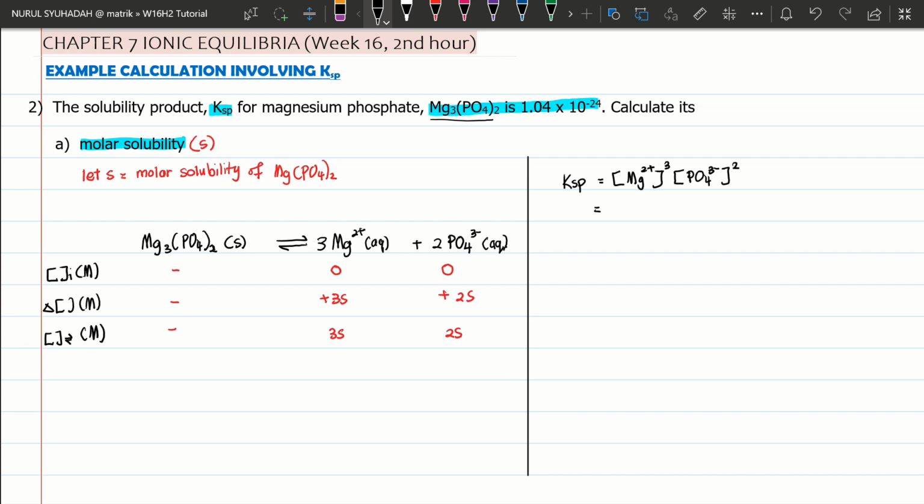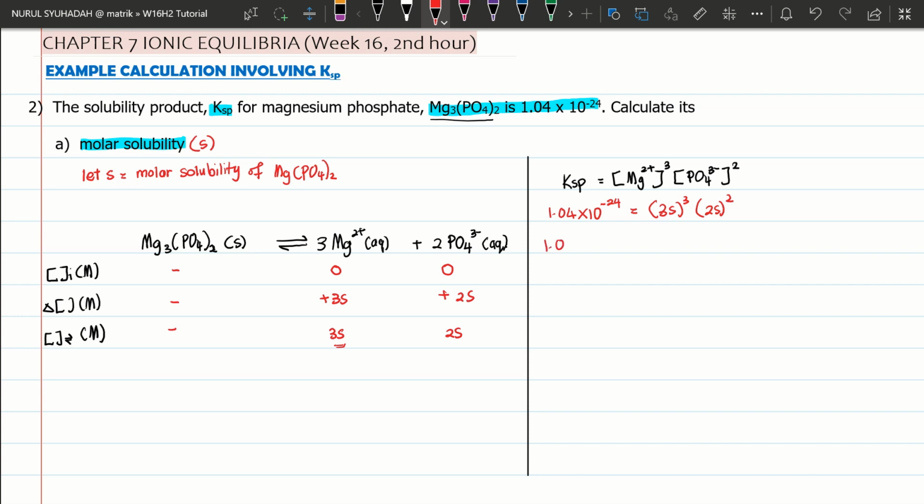Okay, jadi dekat sini kita akan masukkan dalam term S. Okay, kita substitute all the information that we have. Kita ada dah nilai Ksp tadi. So awak terus masukkanlah nilai Ksp 1.04 darab 10 kuasa negatif 24 sama dengan magnesium 2+ tadi, so ini nilai dia. Okay, so 3s to the power of 3 and then phosphate ion 2s to the power of 2.